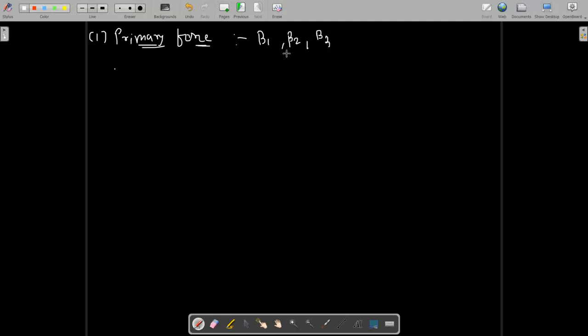These indicate the primary force in bolt number 1, 2 and 3 respectively, and this will be divided equally among all of them. So b1 is equal to b2 is equal to b3 is equal to the total value of the force.